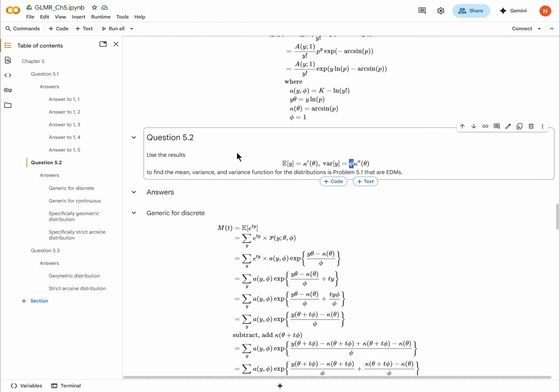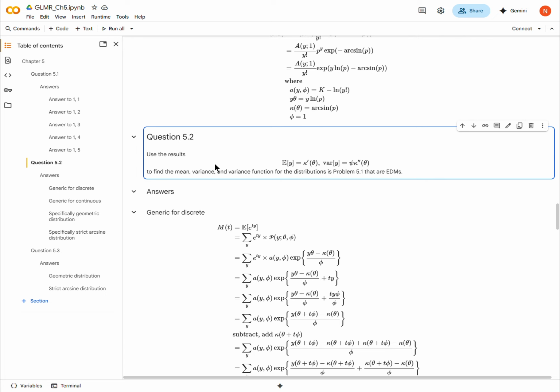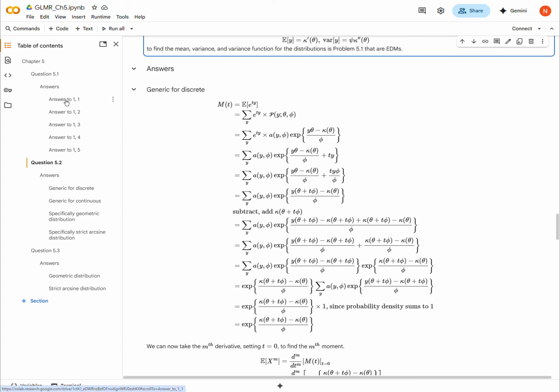I think I must have put sine there, but the variance is a function of the second derivative of the cumulant function. So for those distributions in question 1 that could be put into EDM form, which I am using just the geometric and the arcsine distribution, we're supposed to find the mean and the variance.